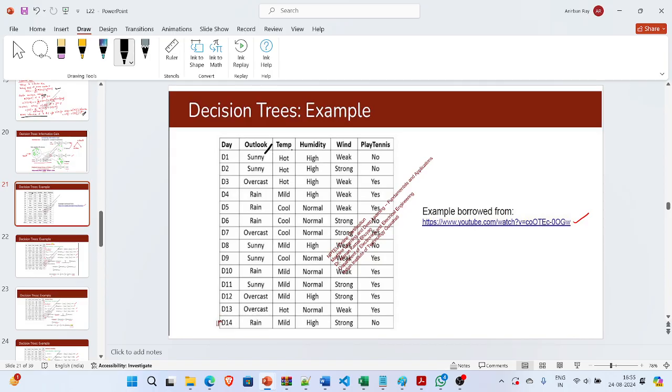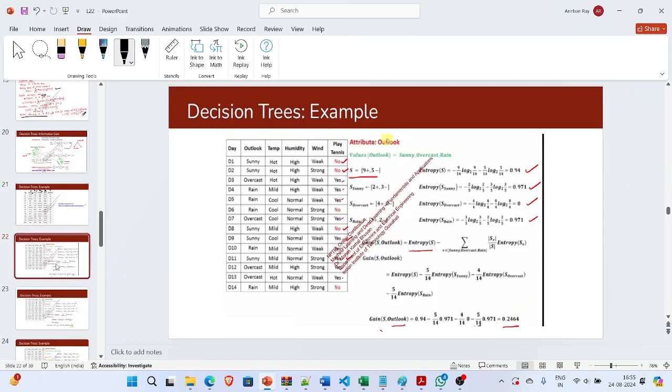Temperature: hot, mild, cool. Humidity. These are the parameters, the x values, x1, x2, x3, like that. And this is our y value. Total we have 4 x values, 4 parameters on which y depends.